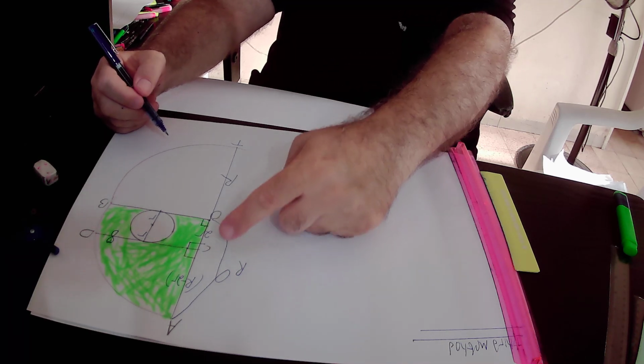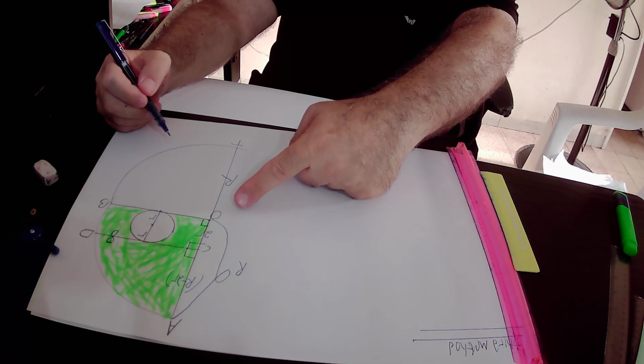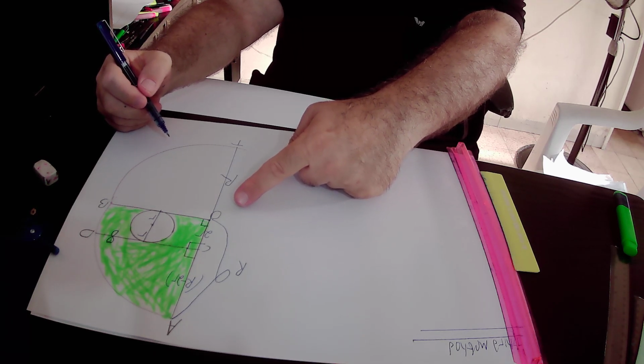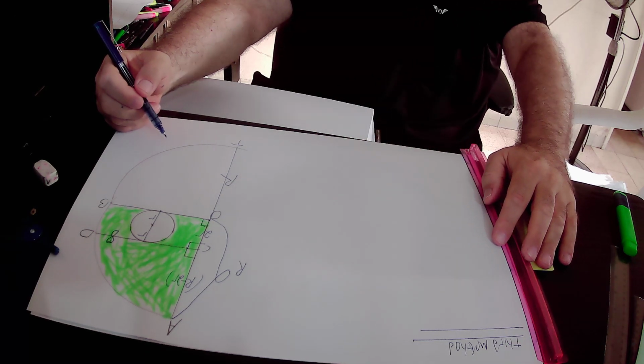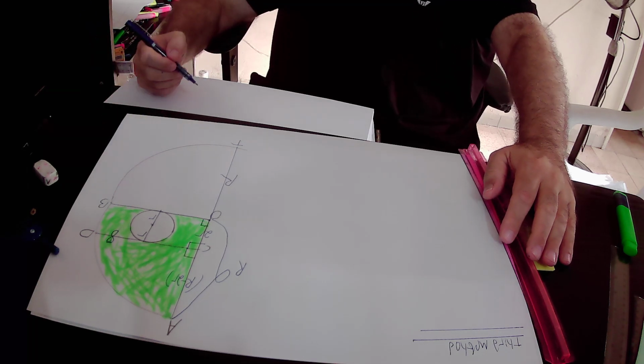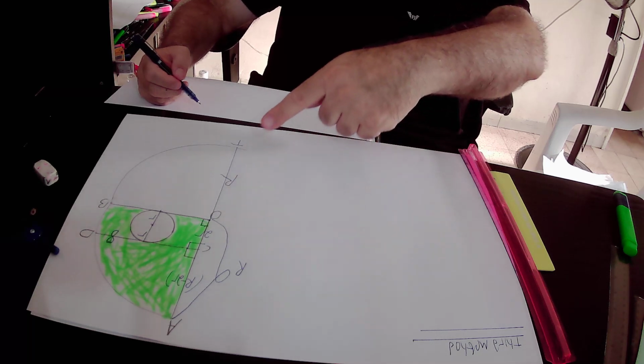The straight line AT passes through the center of the semicircle, so you can see AT as a chord.